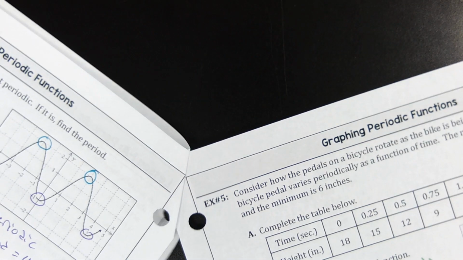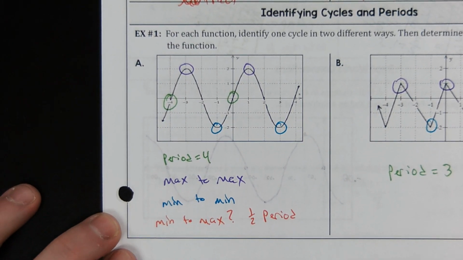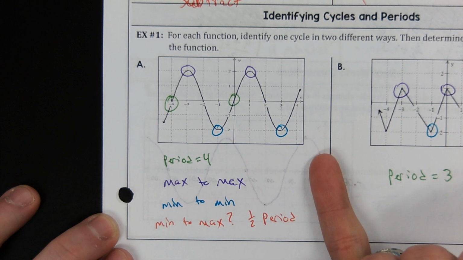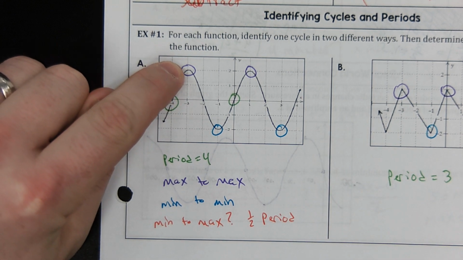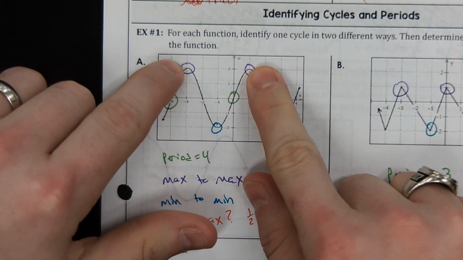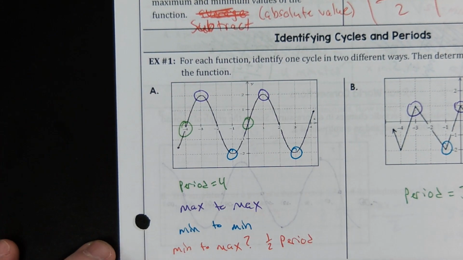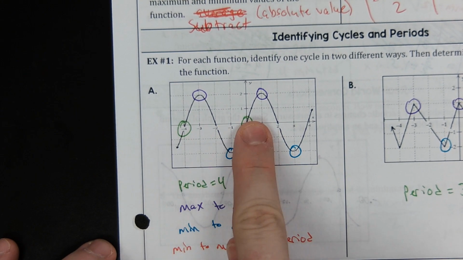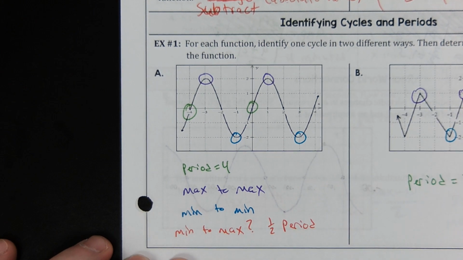So come back to the stuff we did on Friday. Right here. This one had a period length of 4. If you shift this graph right 4, you have the exact same graph. If you shift it left 4, you have the exact same graph. So because we can get away with shifting this thing left or right 4 and have the exact same thing, we know it's periodic.